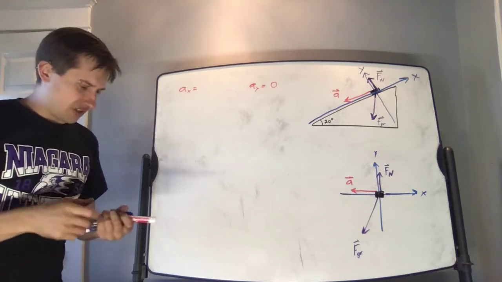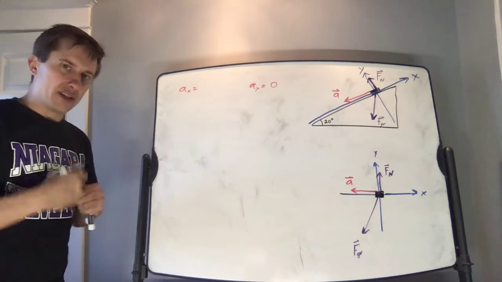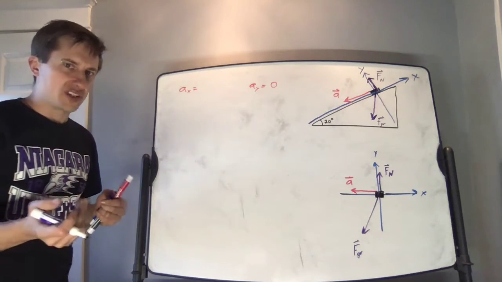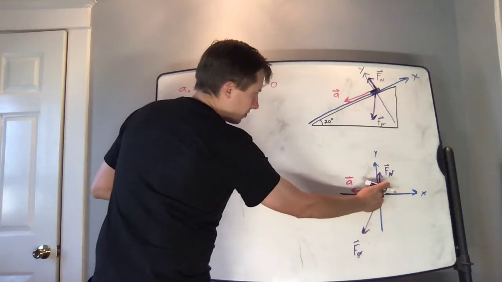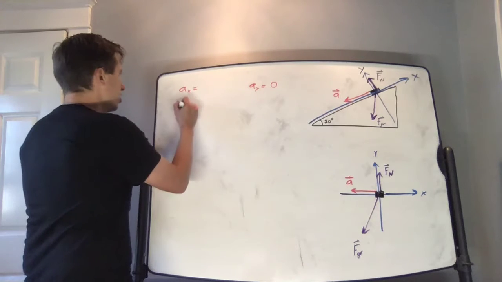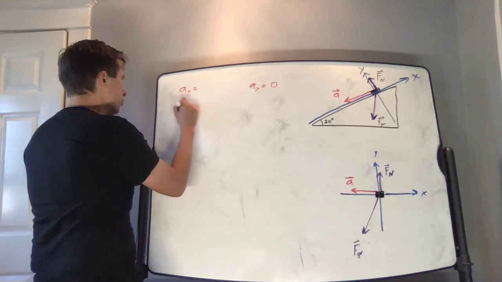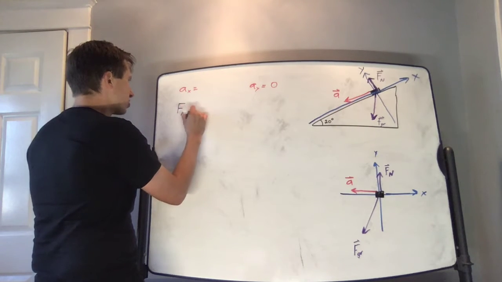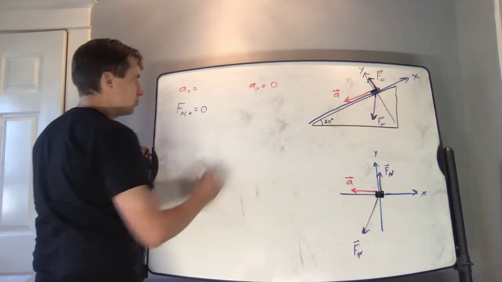For the normal force, I do not know what the amount of the normal force is, but I do know that the normal force will have no component in the x direction. So I could write the normal force in the x direction is equal to 0.